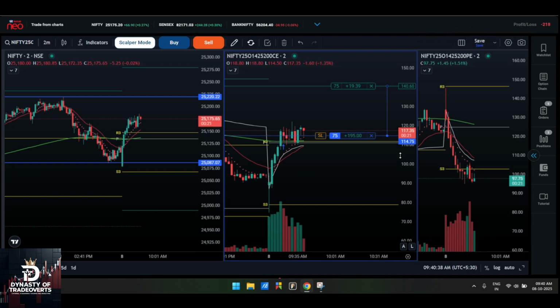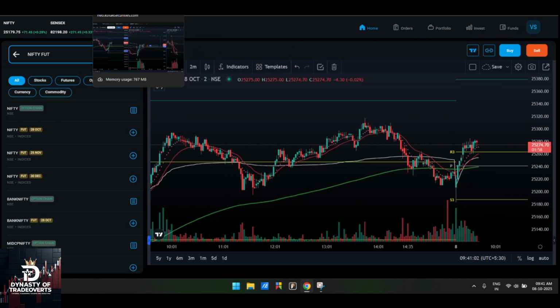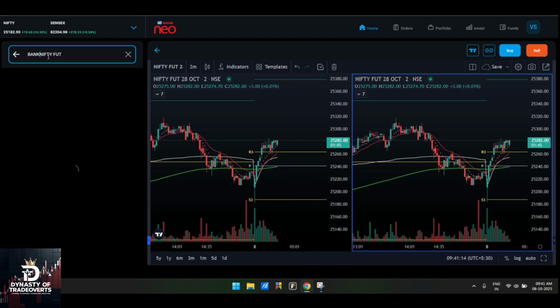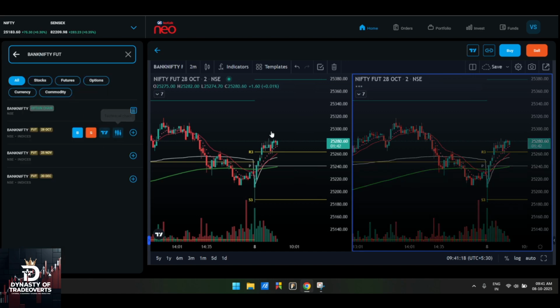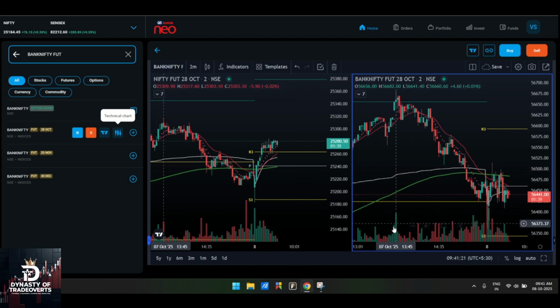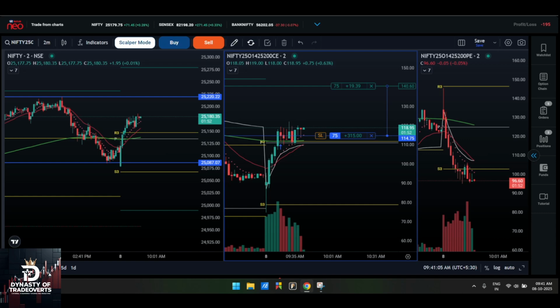This is a long video, so I'm just skipping to the main parts. I see there is a good spike in the Nifty future as well. Checking the Bank Nifty future chart, it's actually not showing strength.